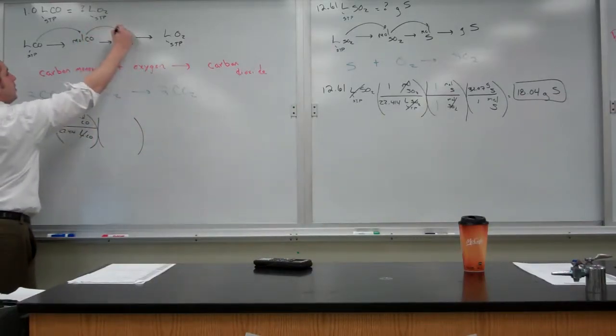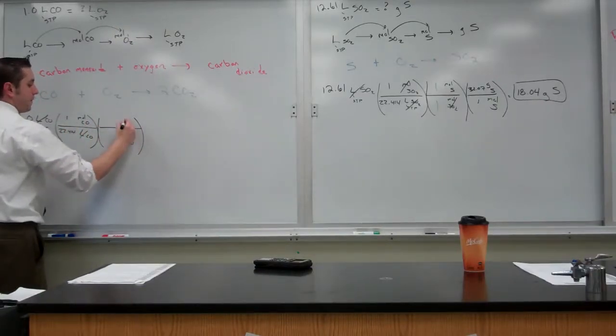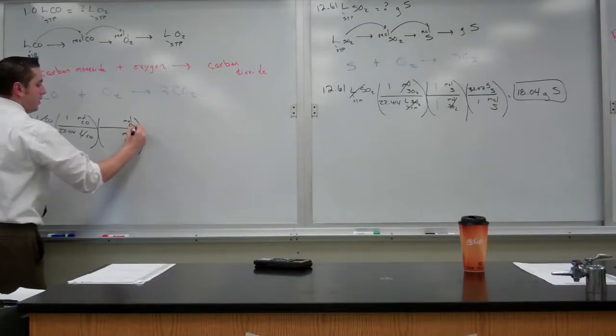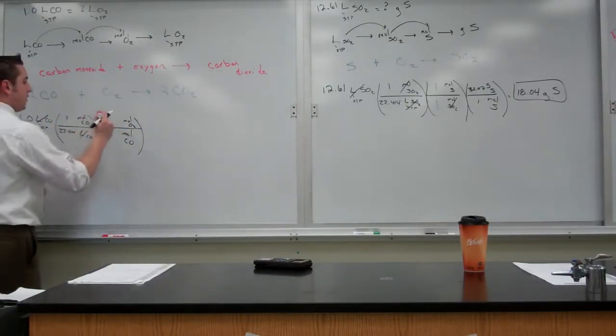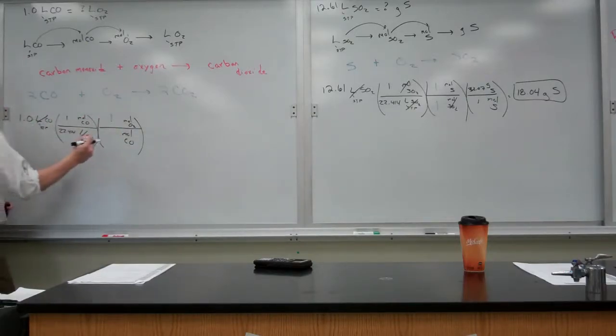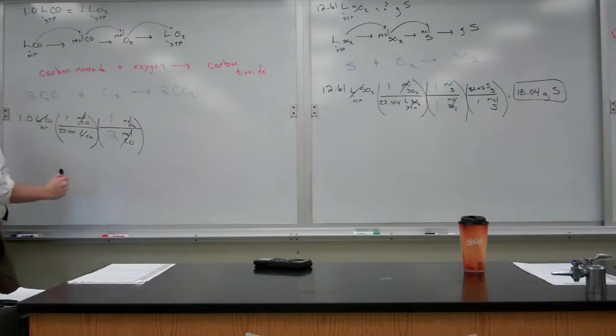Step 2, moles of CO to moles of O2. Using our mole-to-mole ratio, I think you can see that there's a 1 in front of O2, there's a 2 in front of CO, so we use a 1 to 2 ratio to make that happen. Then we go moles of O2 to liters of O2.